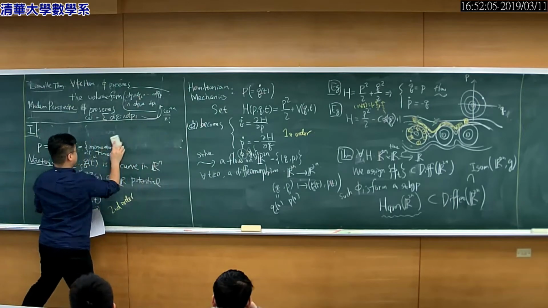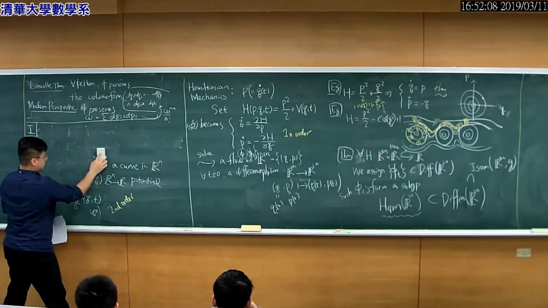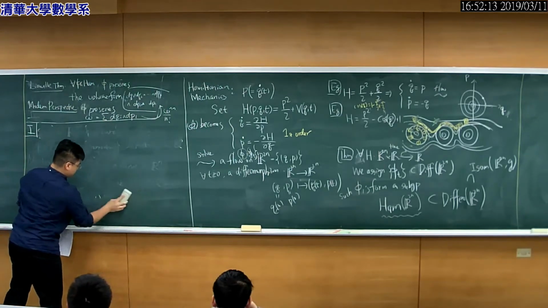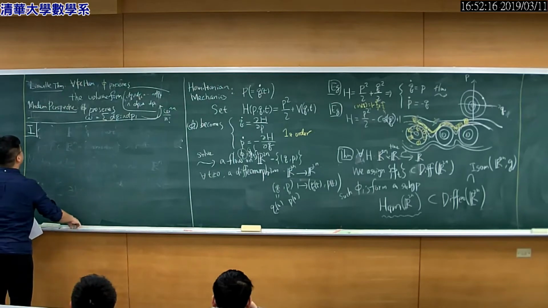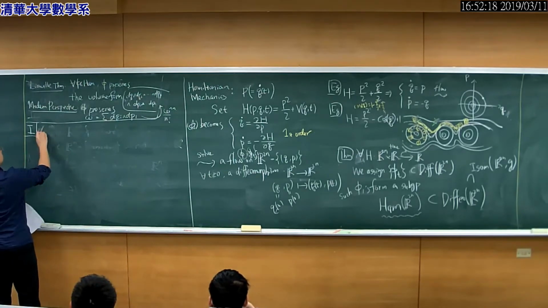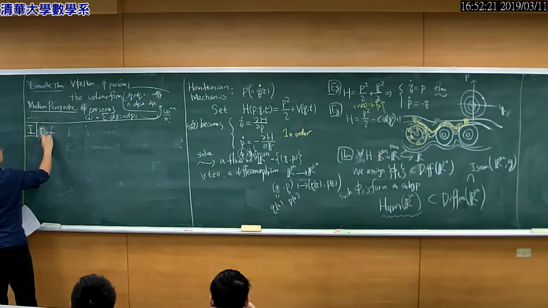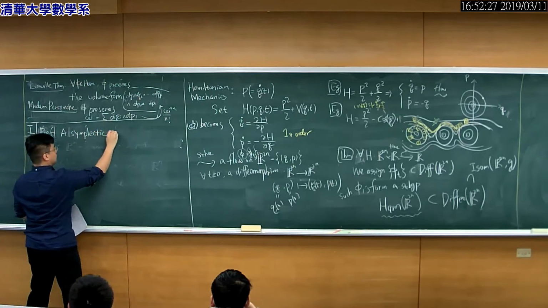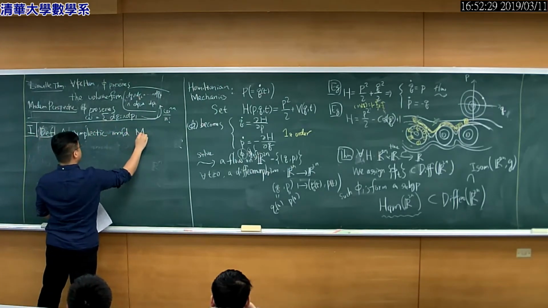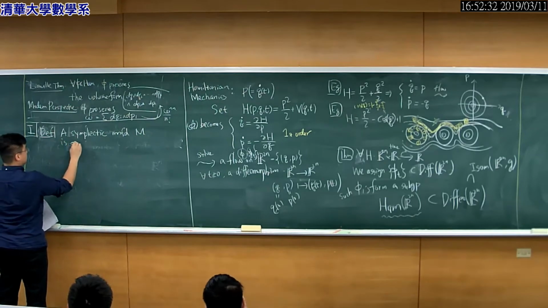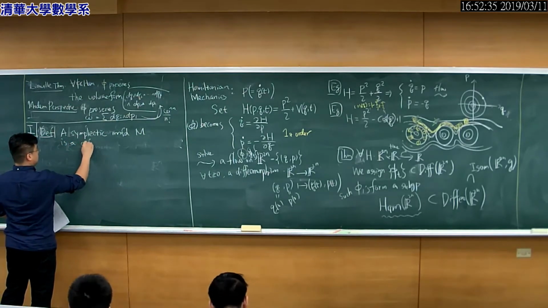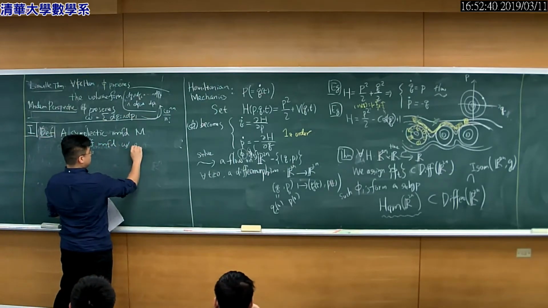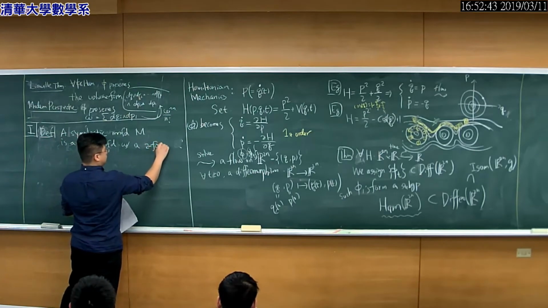Now I'm going to give the formal definition of a symplectic manifold. It's a differentiable manifold with a two form omega.